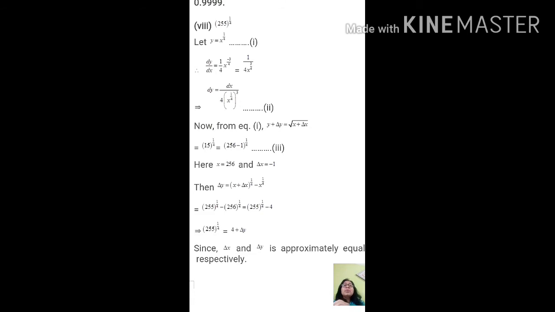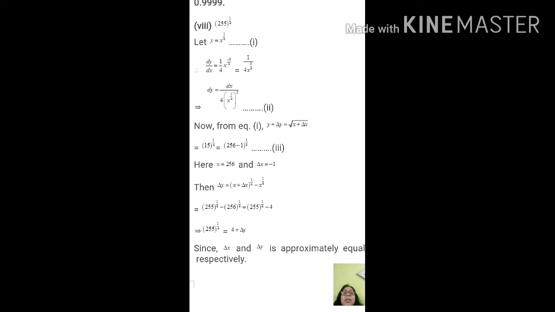Then we have to decide the function, that is y is equal to x to the power 1 by 4. So dy/dx we have to find out from here, that is 1 by 4 x to the power minus 3 by 4, so 1 by 4 x to the power 3 by 4, and we can write it with the 4 outside, 1 by 4 into (x to the power 1 by 4) whole to the power 3.